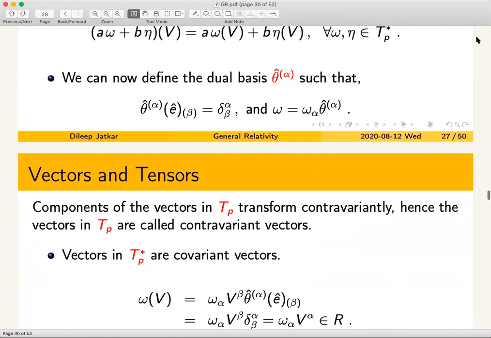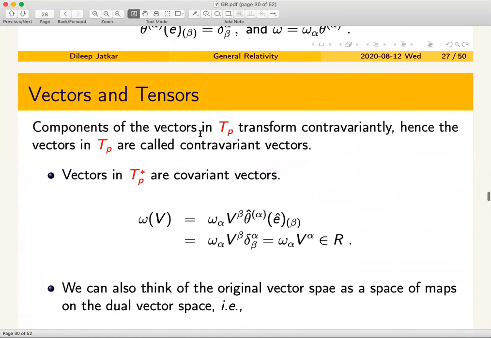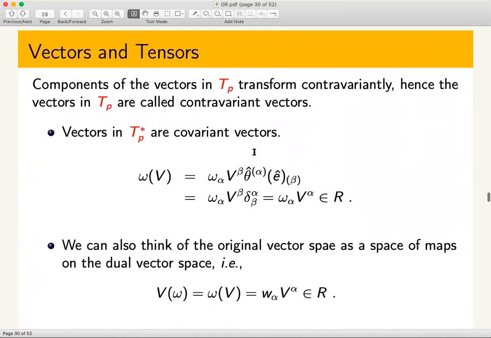So let's go ahead. Notice that the components of vectors belonging to the tangent space TP have indices sitting upstairs, and therefore we say that those components transform contravariantly. Because the components transform contravariantly, the vectors themselves are called contravariant vectors.